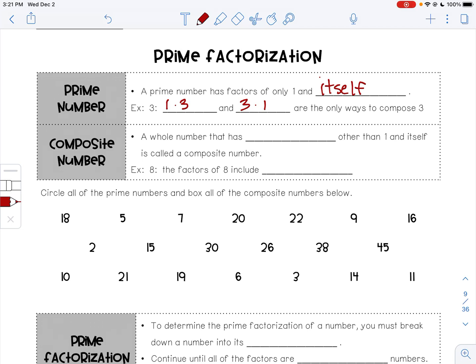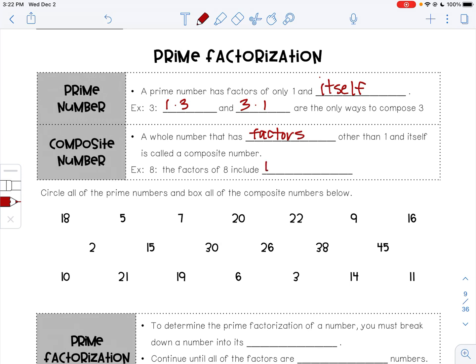Now, a composite number is a whole number that has factors other than 1 and itself. So let's write factors in that blank. So for example, let's think about 8. What numbers can I multiply together to get the number 8?